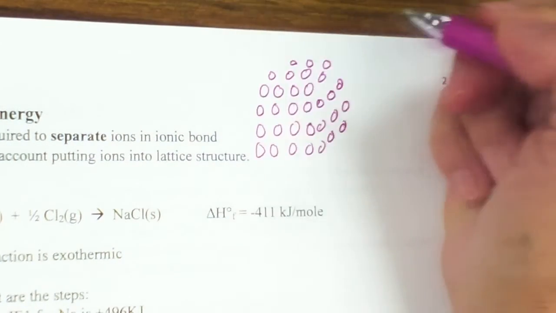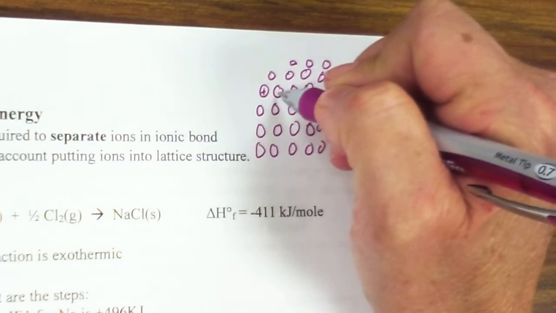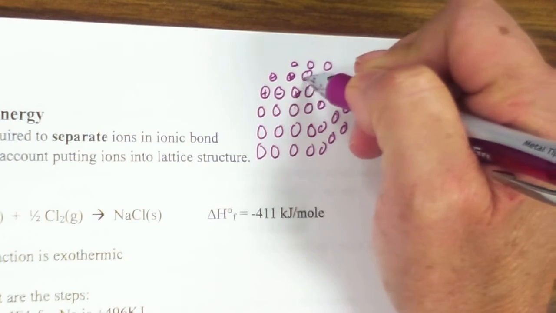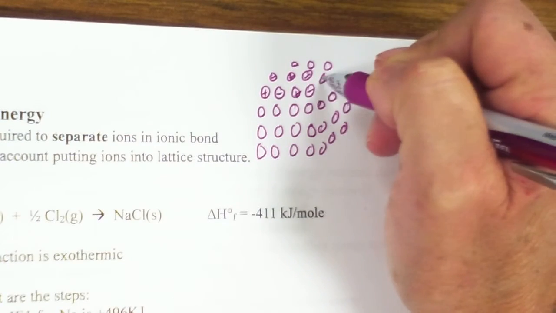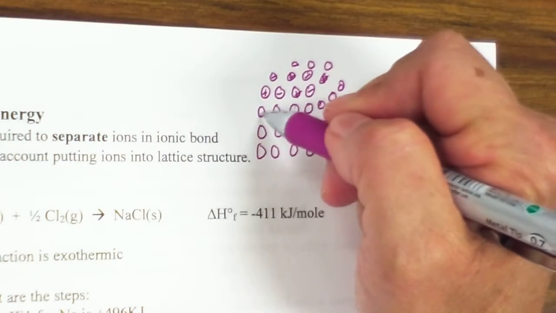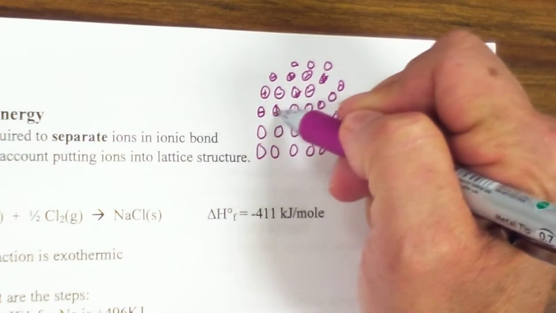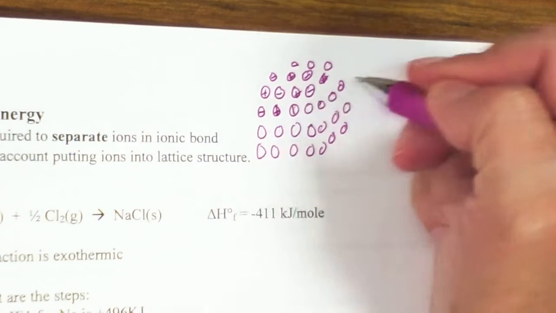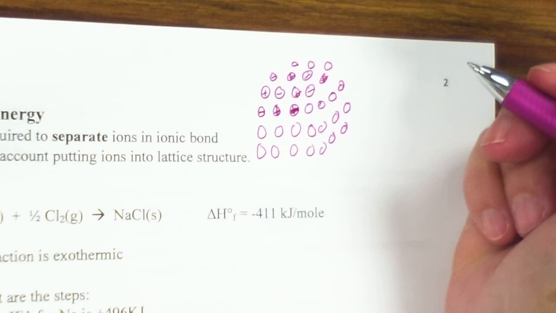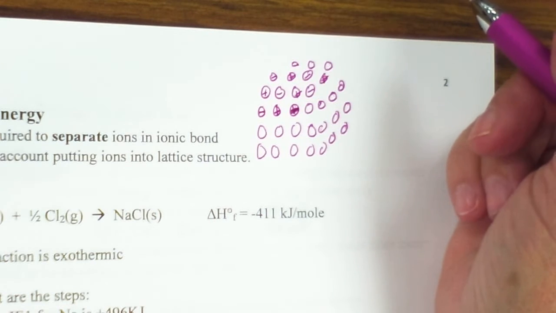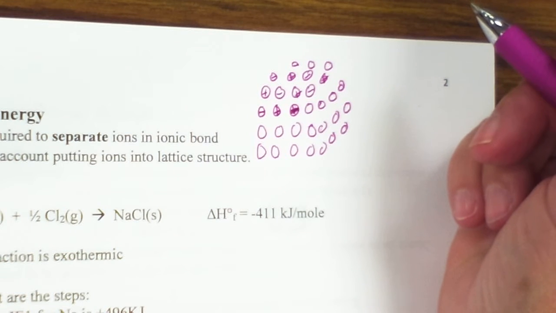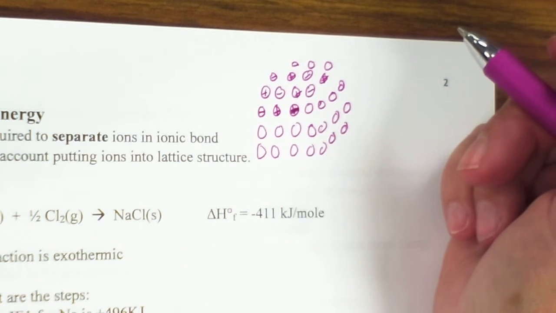But what I am going to do is put pluses and minuses, right? So this is going to be a minus, this is going to be a plus, this is going to be a plus, this is going to be a minus, this is going to be a minus, this is going to be a plus, right? So all of the positives are surrounded by negatives, and all of the negatives are surrounded by positives. So they come together. I'm going to remind you that they join together into this tight lattice, like a fence.